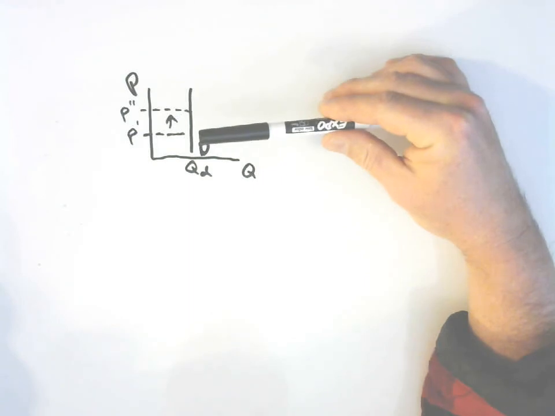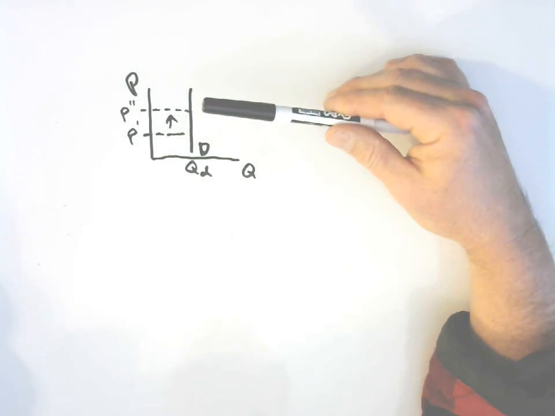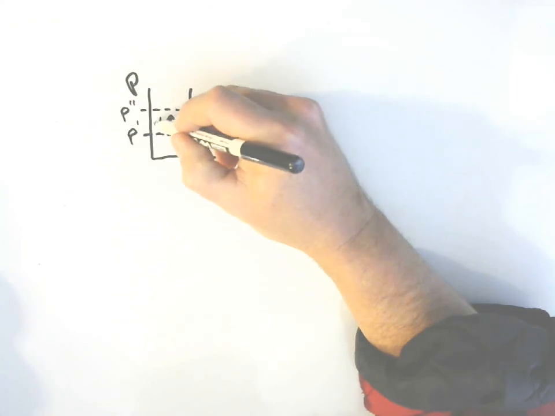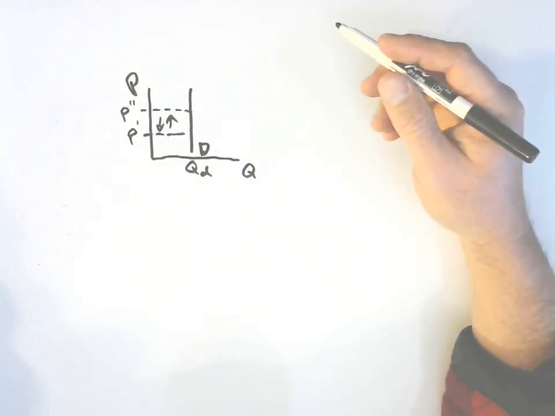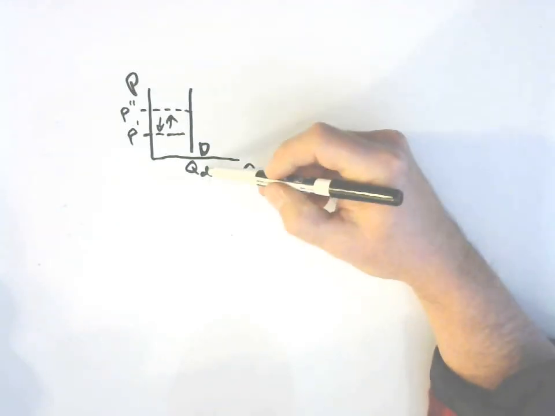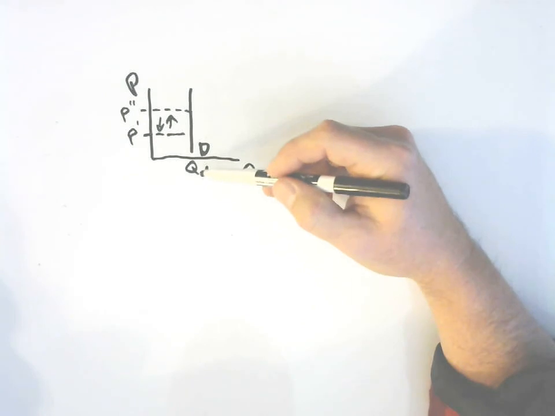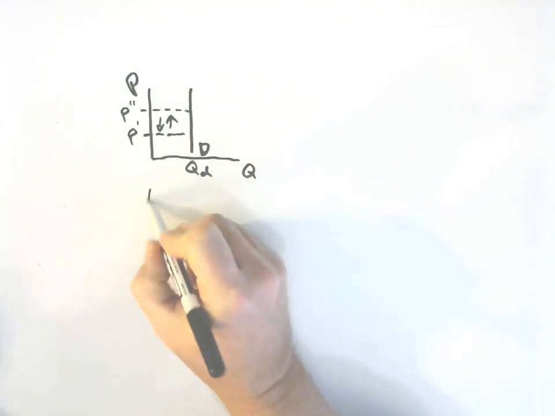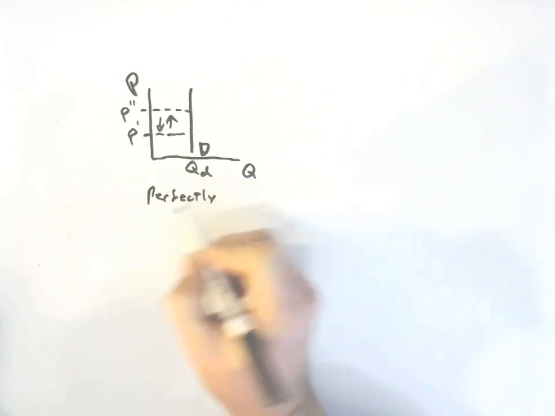In other words, people purchase exactly the same amount of product regardless of how high the price goes. And of course, I could reverse this. I could cut the price by 50%, cut the price by 75%, doesn't matter. People will consume exactly the same amount of product. Now, we call this perfectly inelastic demand.